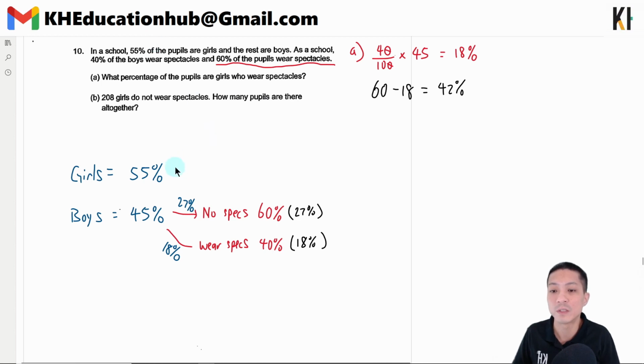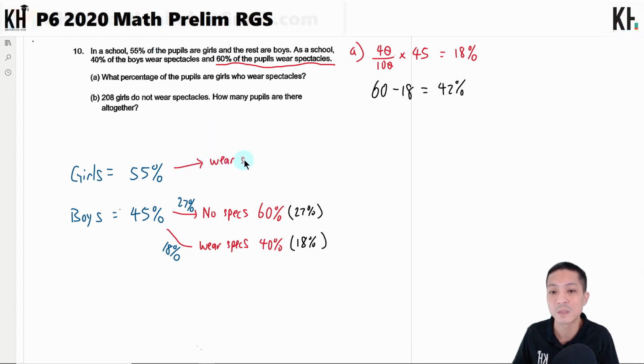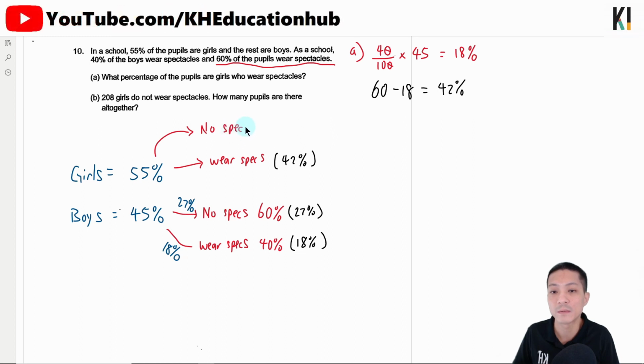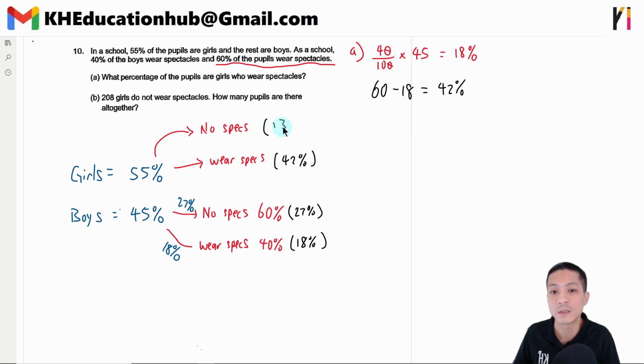Which means that for the girls that wear specs, I'll write in a black color so that you will not get confused, 42%. Okay, and then for the girls that do not wear specs, it is going to be 55 minus 42, which is 13%.